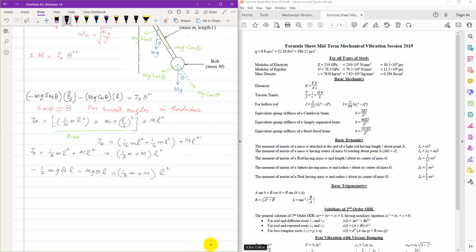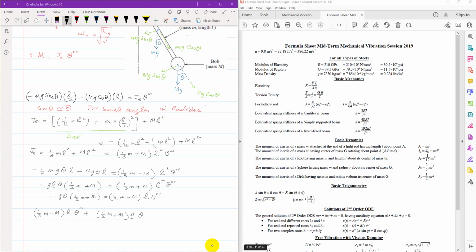Now I can take L as a common factor from here, and it's going to be cancelled with this L squared. And then I can take g as a common factor, so it is minus g L, and then theta as a common factor. So minus g theta half m plus uppercase M is equal to a third lowercase m plus M L squared.